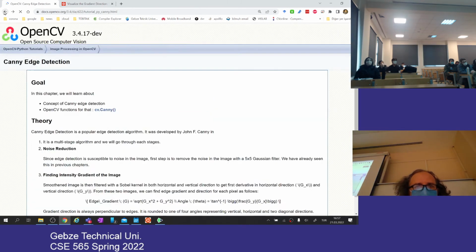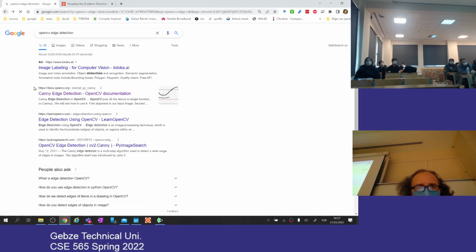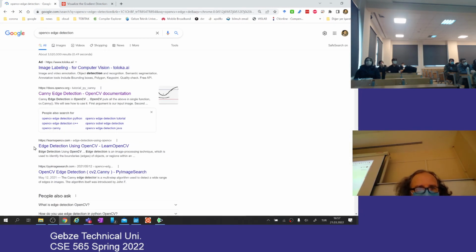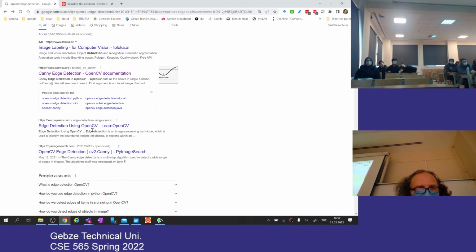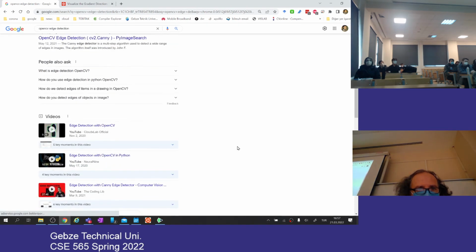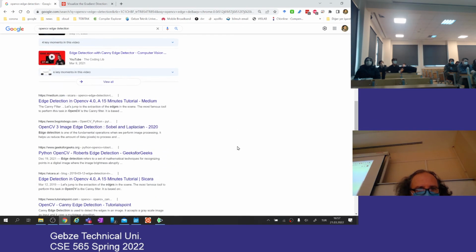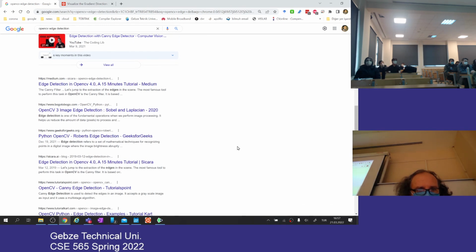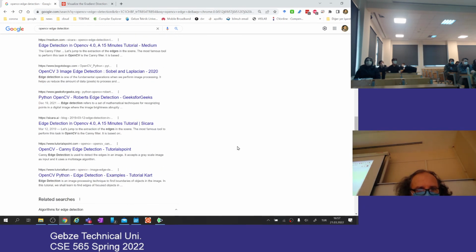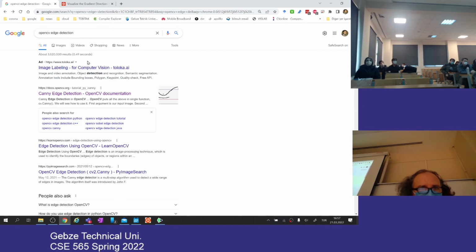Let me go back and go back one more. OpenCV edge detection. I don't want to see Canny. Do you see edge detection?